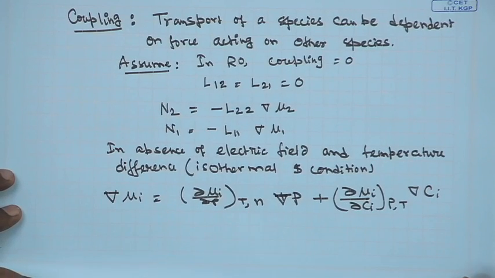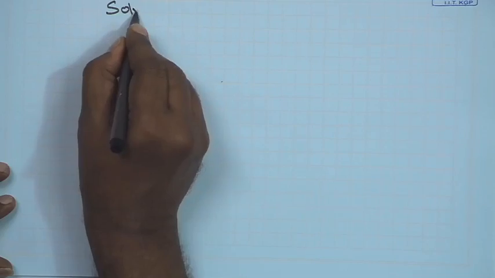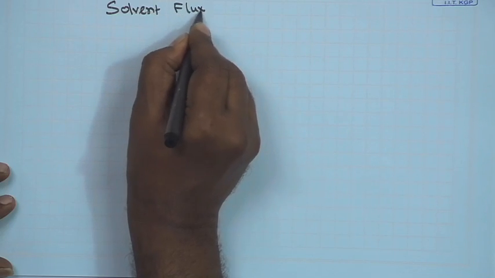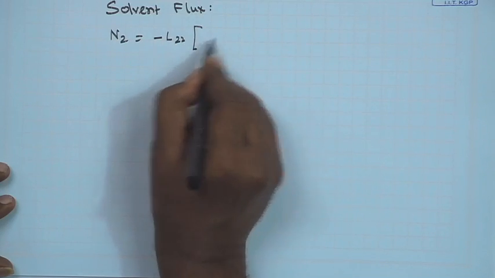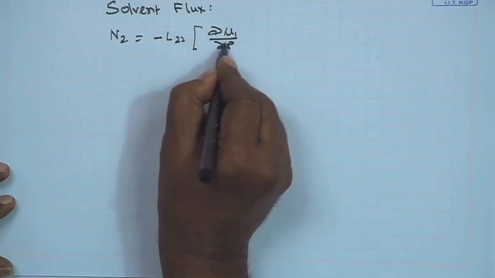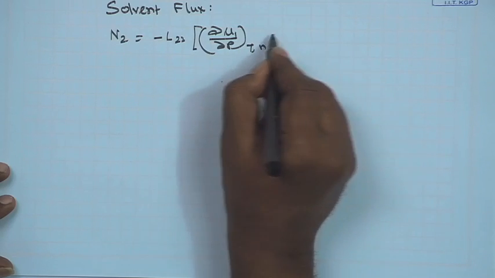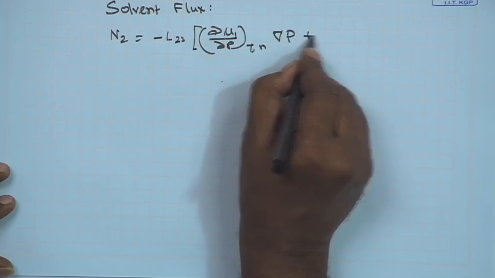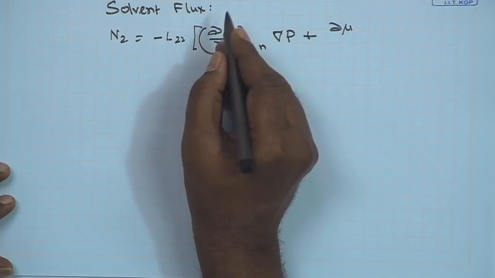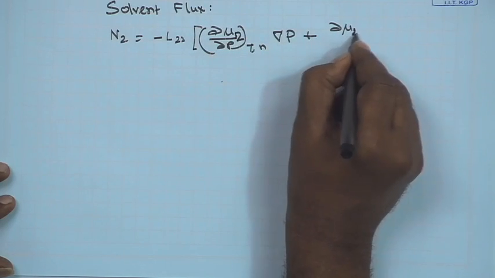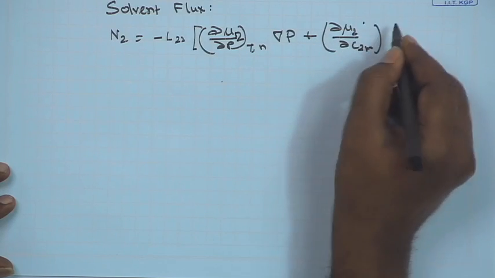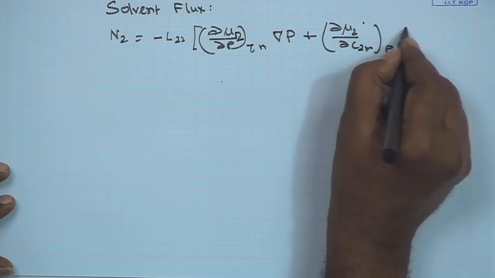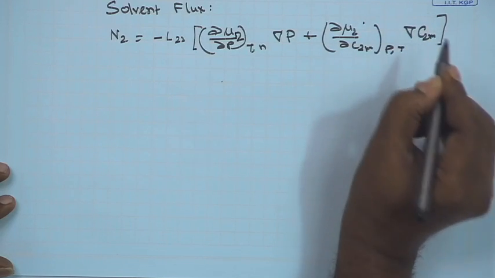Therefore, we are in a position to write down the solvent flux as N_2 equal to minus L_22 times del mu_2 del p at constant T and n times grad of p plus del mu_2 del C_2m at constant pressure and temperature times gradient of C_2m.